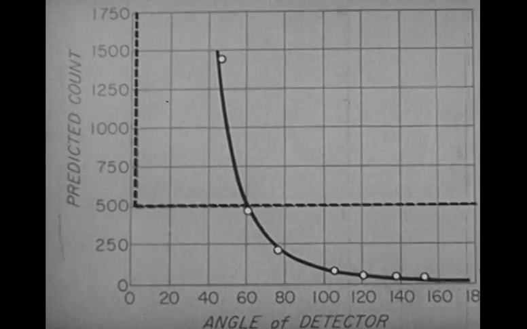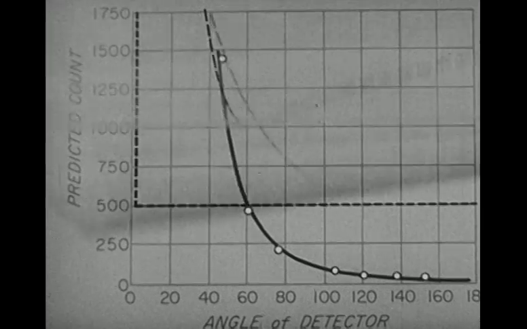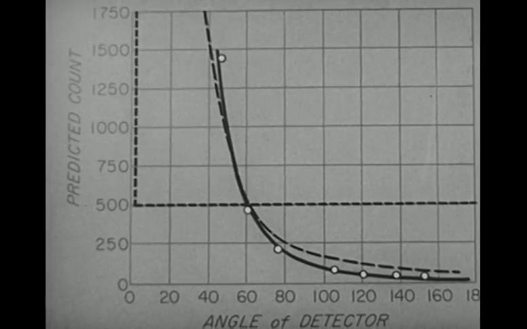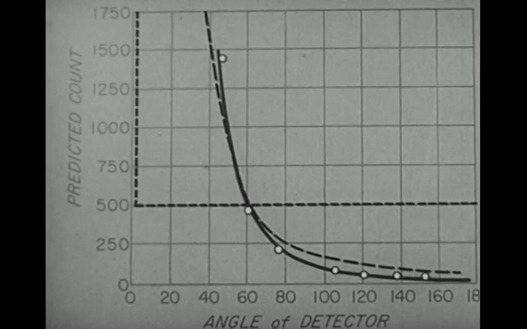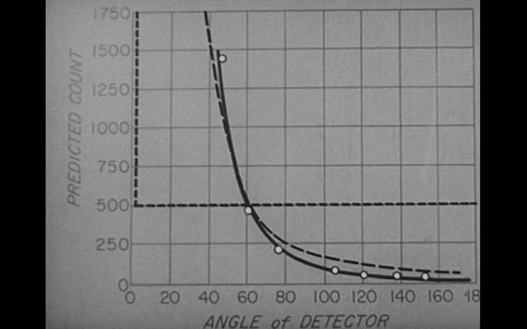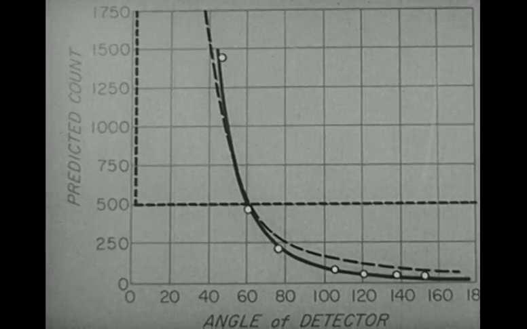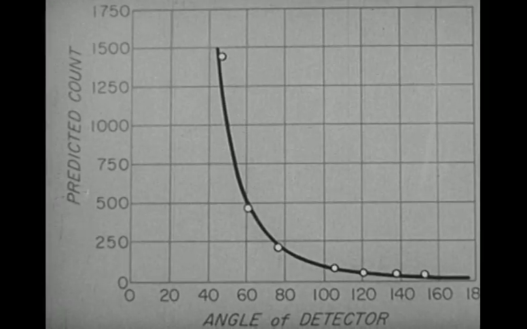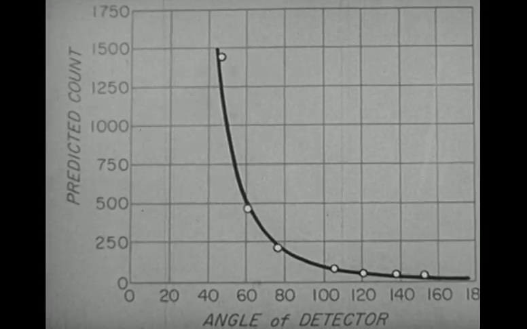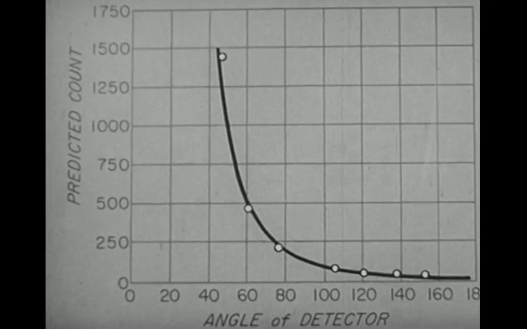Their data did not fit the curve for hard sphere collisions, and it didn't fit the 1/r cubed curve. To be even more certain, they did experiments with foils of metals other than gold, and with alpha particles of different energies, and they all fitted with the prediction of a 1/r squared Coulomb force field within the atom.